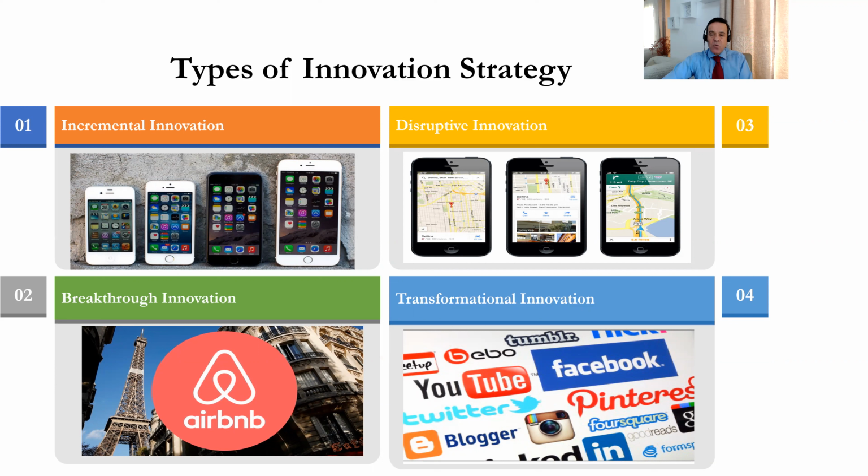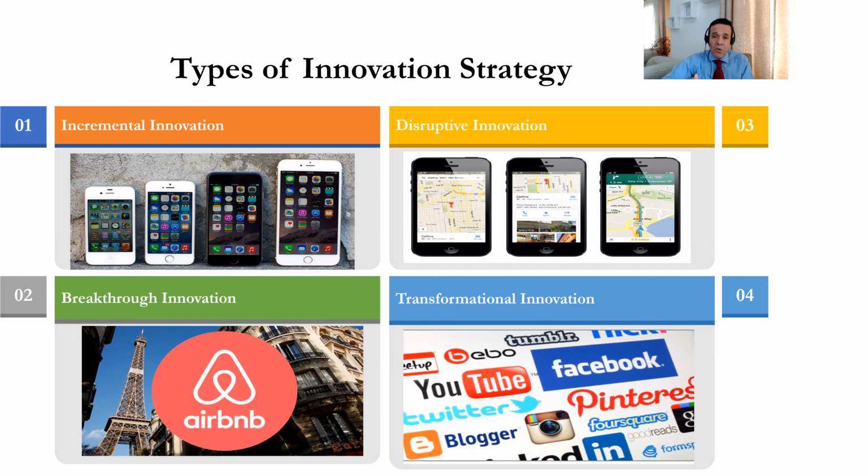A good example that we use is the difference between iPhone 11 and iPhone 7, or iPhone 7 and iPhone 5. It's the same product, but it has some incremental enhancement that makes the product more innovative. Most companies tend to engage with incremental innovation.